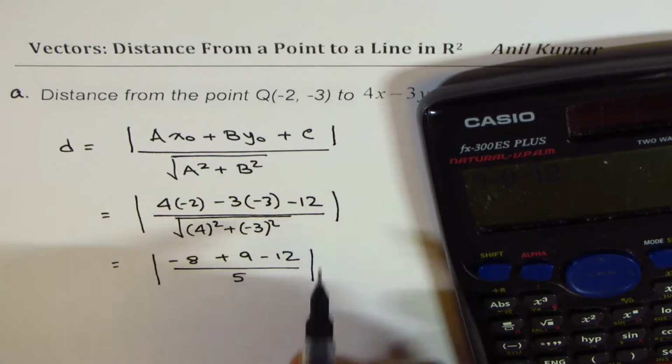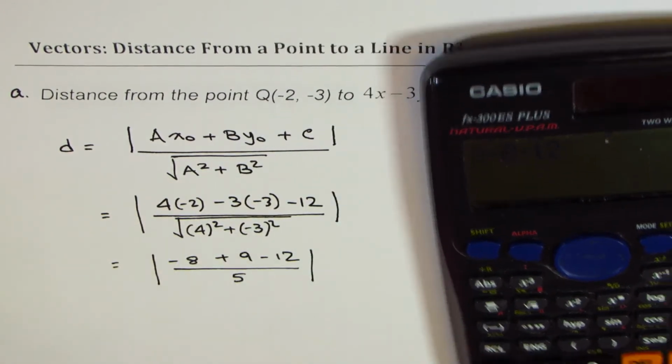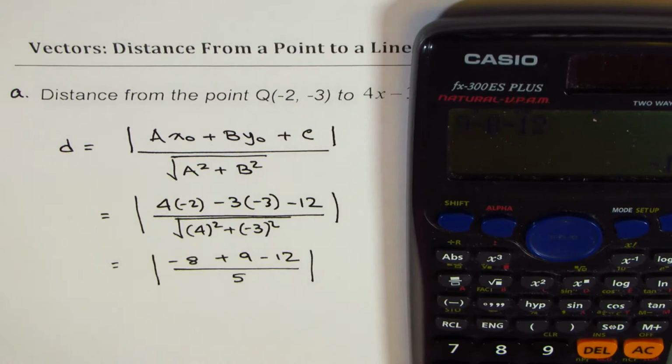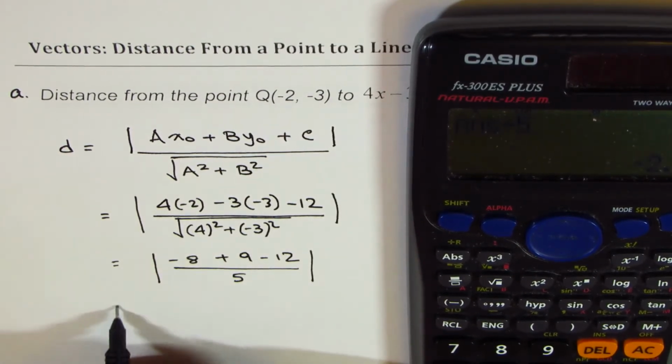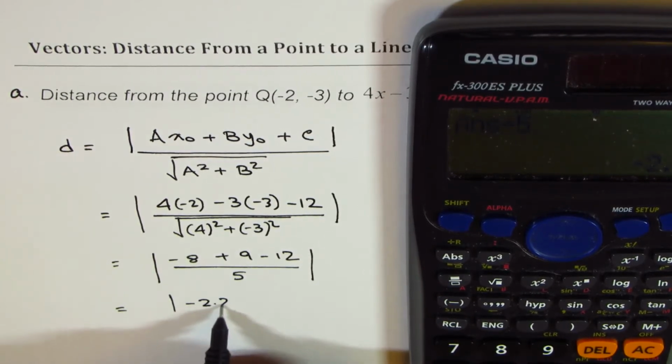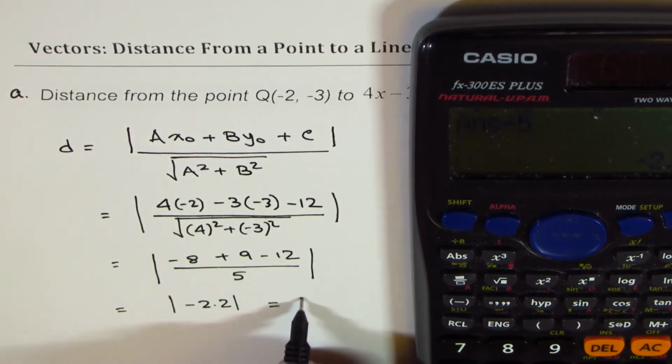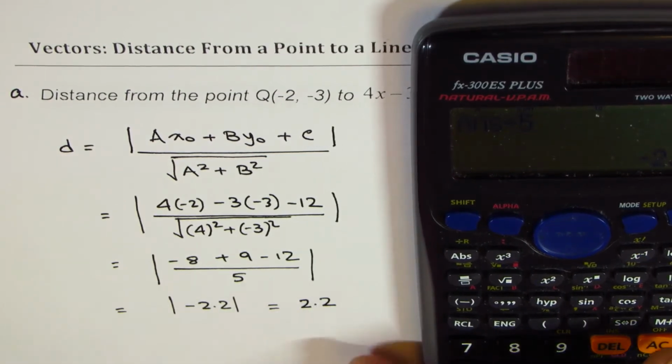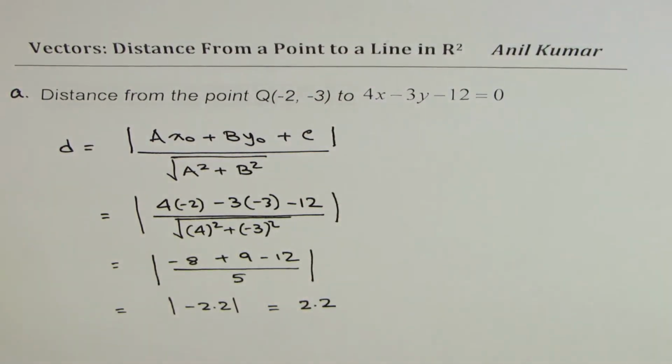You have to always take distance as positive. So I'll keep -11 as such, and divided by 5 will give us -2.2. So we get the absolute value of -2.2, which equals 2.2 units. So that is how you'll find the shortest distance. I hope the steps are clear.